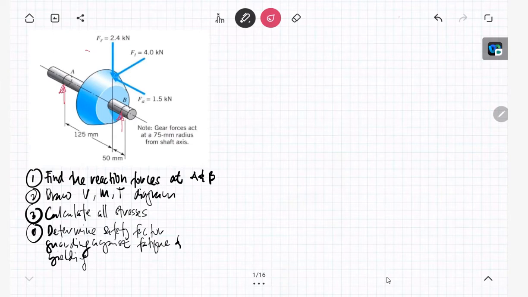So by looking at the figures, we could assume that we could plan how to calculate the reaction force by having two planes.